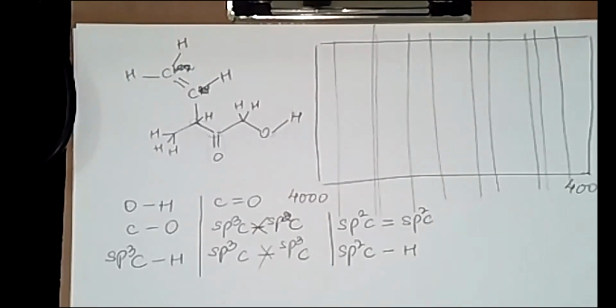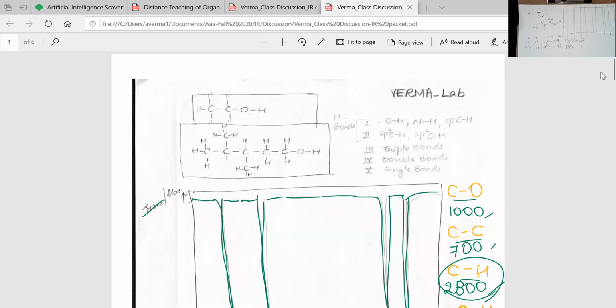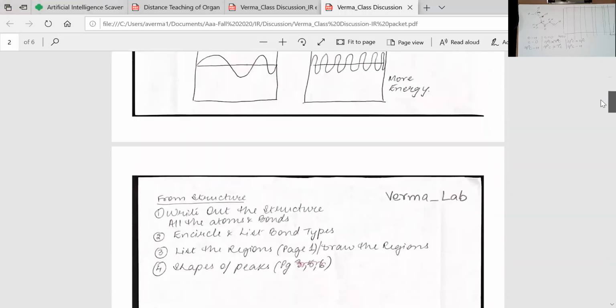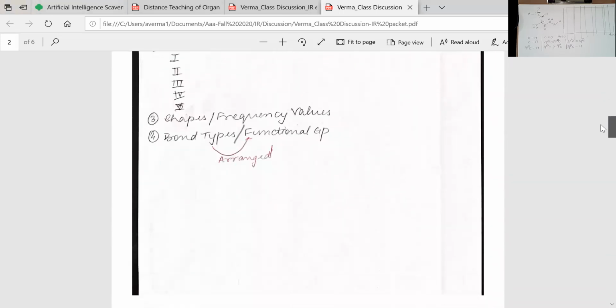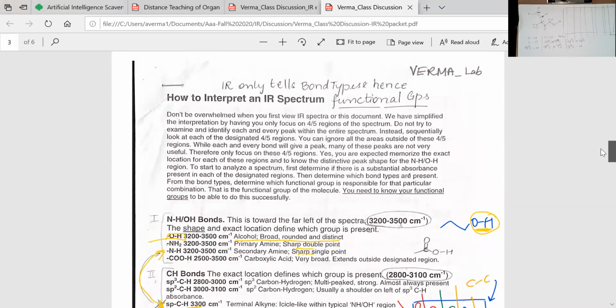Once you have listed all the bond types, your next step is to find where these bond types lie. And this is where your packet is going to help you.